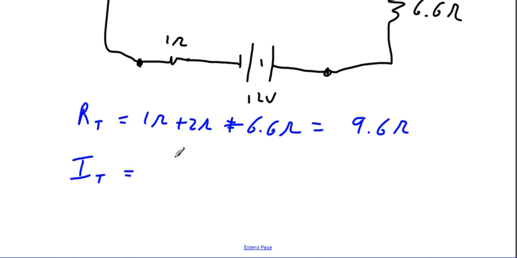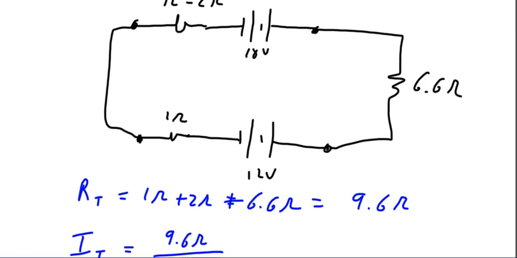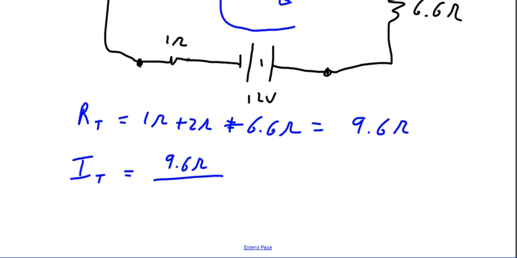My total current, 9.6 ohms divided by the voltage. Now, the voltage goes up and the voltage goes down. So if I were to draw my loop in that direction, I would go down 12, I would go up 18, so the voltage I have is 6 volts.